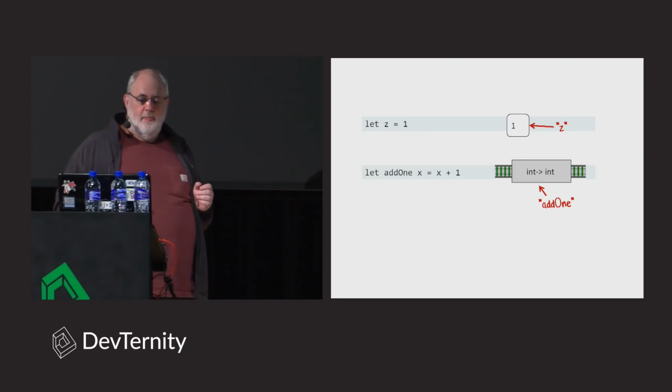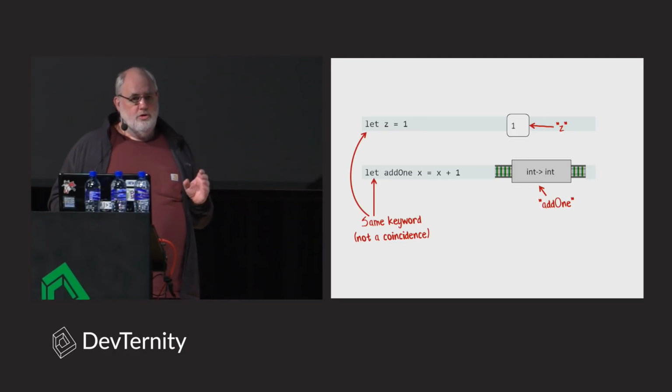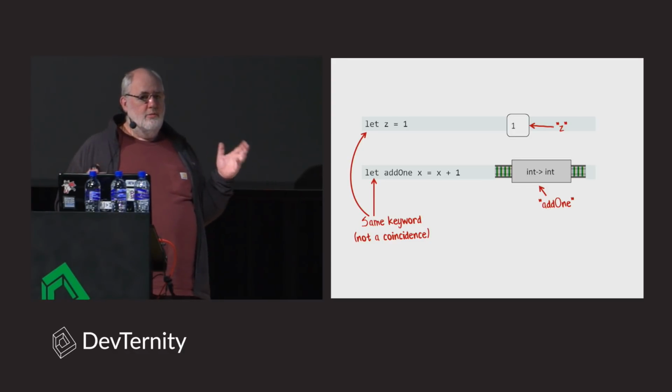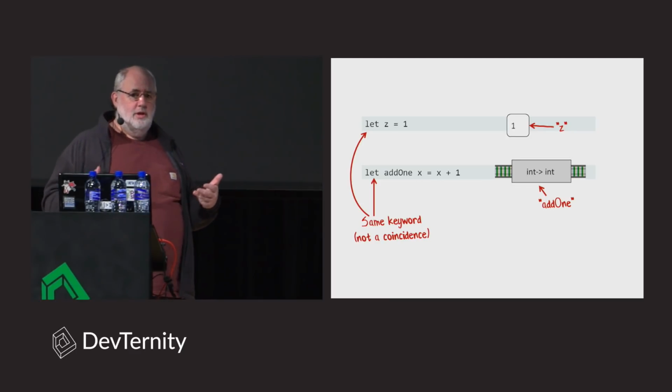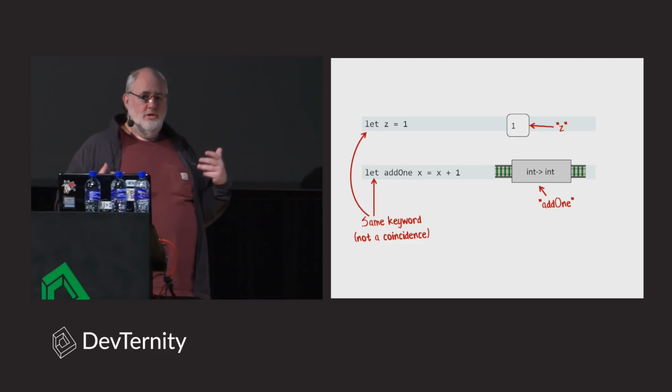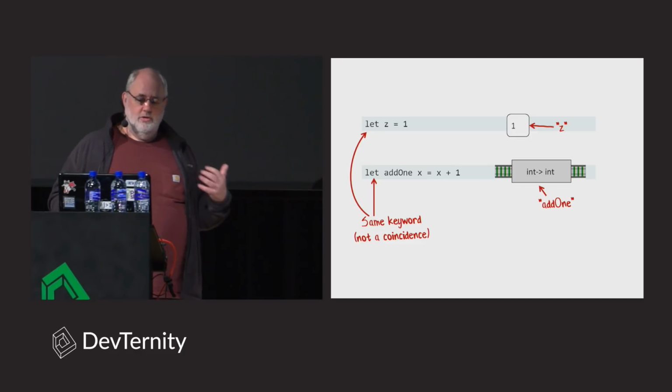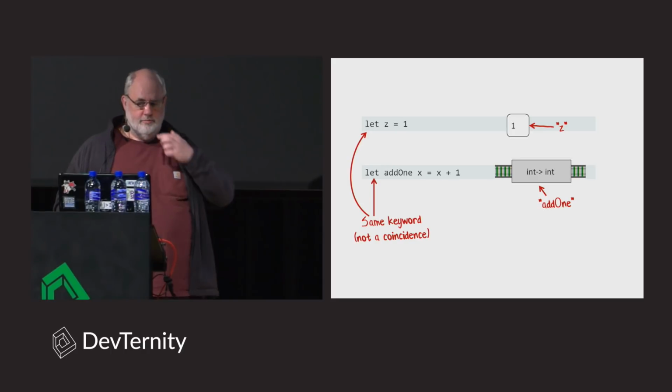In most functional programming languages, the keyword that you use to define numbers and strings is exactly the same keyword used to define functions. And that's not a coincidence, because functions are treated just like numbers and strings. You can put them in lists, you can pass them around, you can return them, you can do all the stuff that you do with numbers and strings and dates with functions as well.